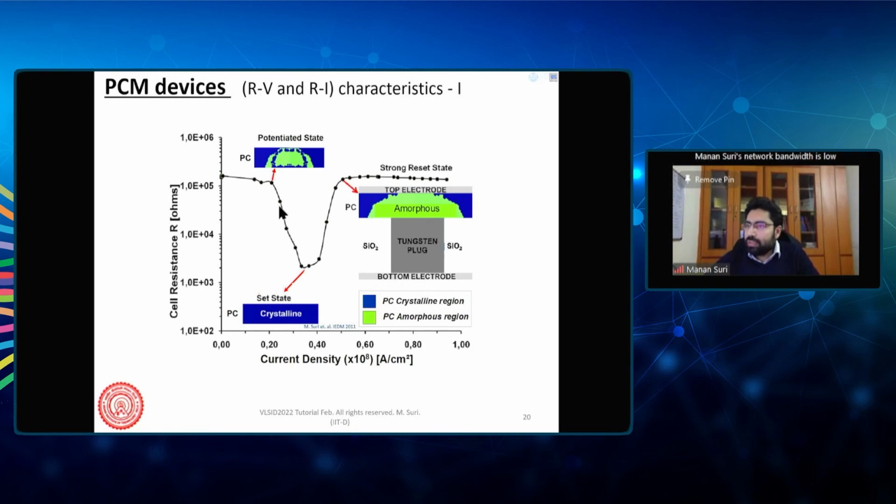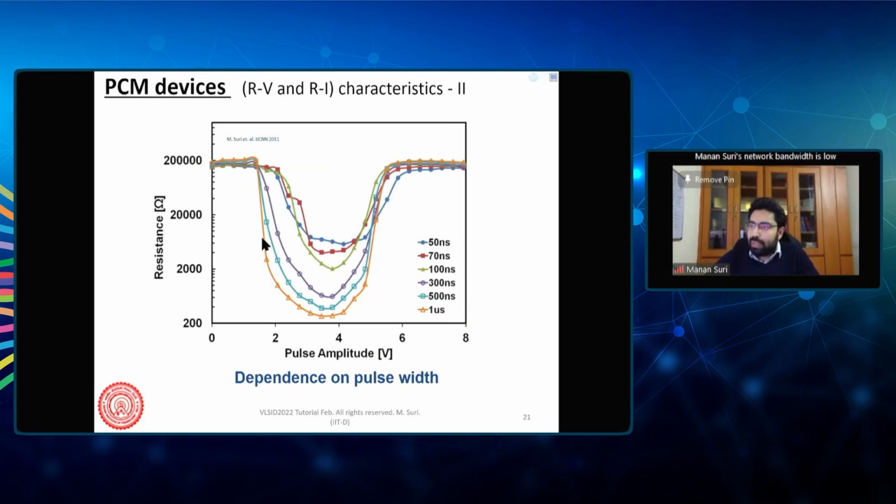So this is another example just to illustrate what I mentioned before: the same U-shaped curve, but the impact is different. The resistance state in which I end after a specific condition is completely different depending on the width of the pulse that I was applying. So when you're trying to compute with this, let us say you have assigned a specific output to two different states, your operands or your inputs can just be correlated with two different pulse widths.